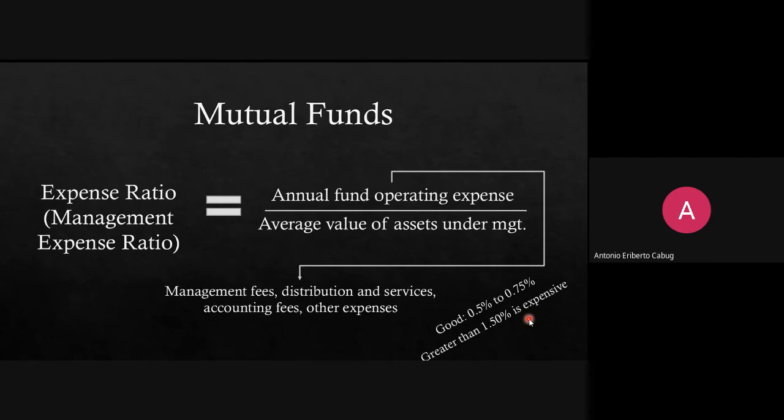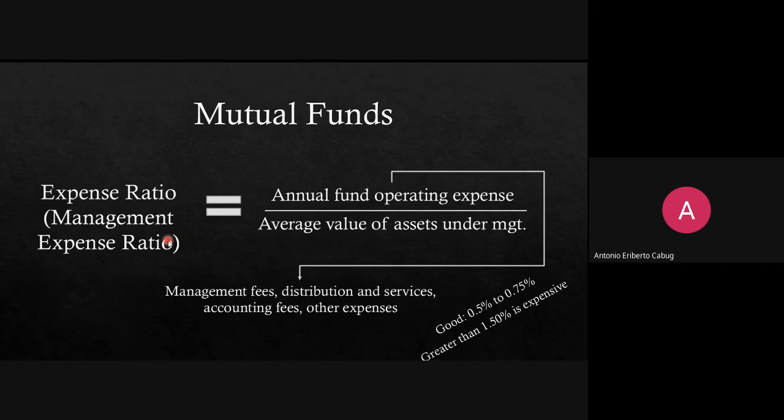Now, what's the problem with the expense ratio or the management expense ratio? At first glance, you cannot see it. Hindi nyo makikita agad itong expense ratio na to. The management expense ratio is actually hidden unless you are monitoring their monthly, kalimutan ko yun, no? It's KIDS.